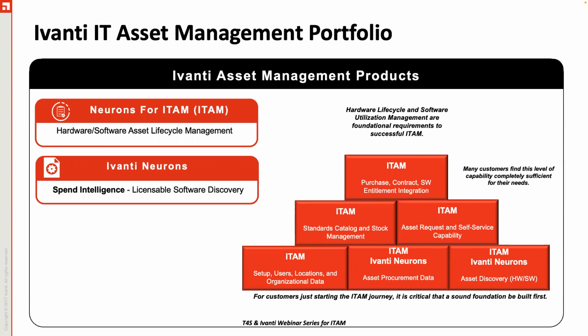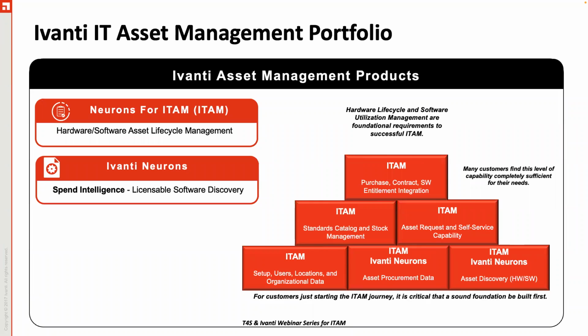But we also talked about in the previous demonstration Ivanti Neurons for Discovery, which works hand in hand with the asset management repository to make sure that you're finding what's current out on the environment, with refreshed data such as current user, current logon, IP address, and current installed software. That ultimately feeds up into your software entitlement and software asset management.